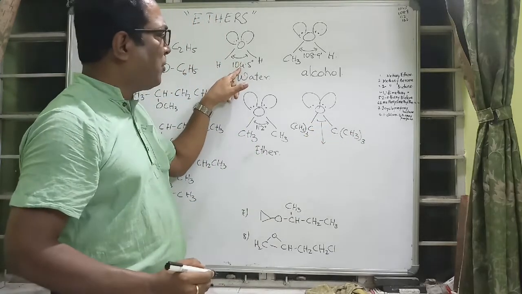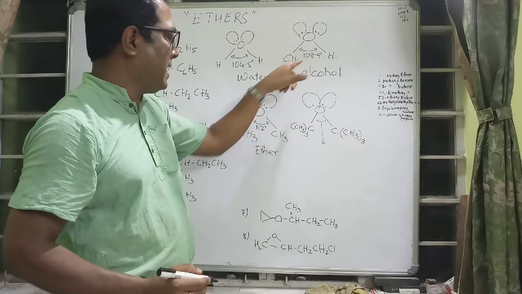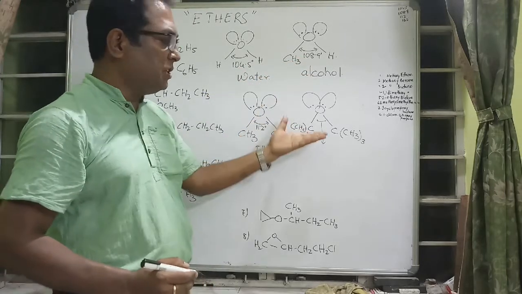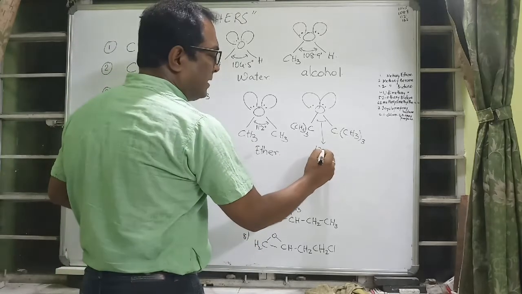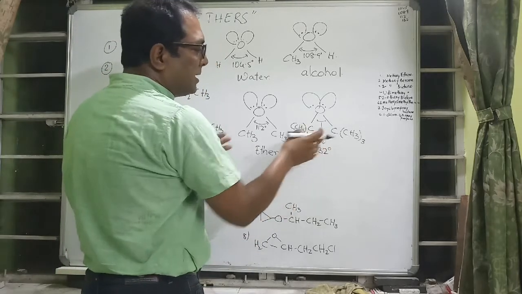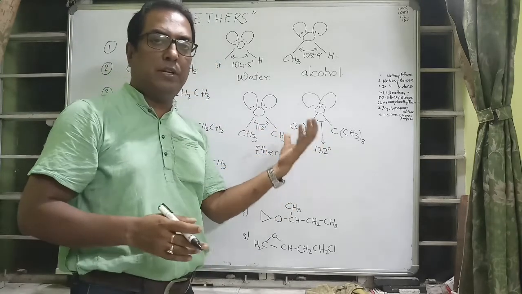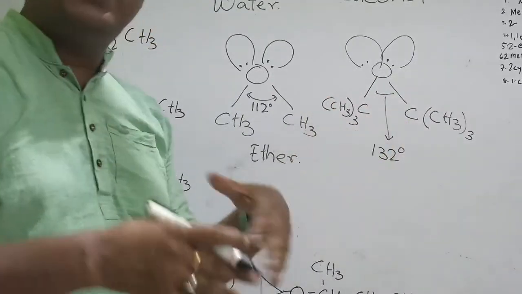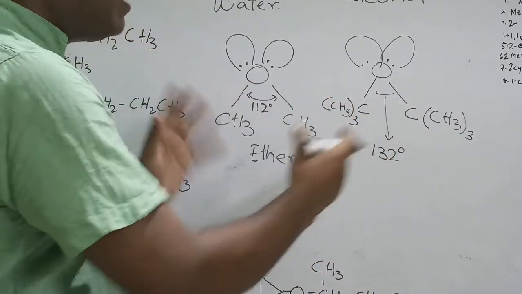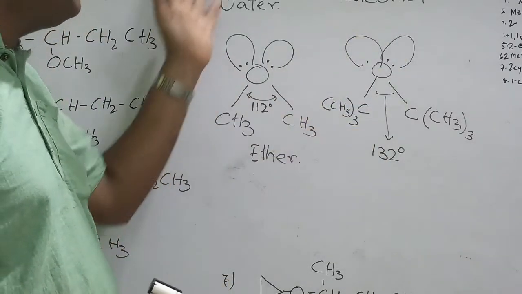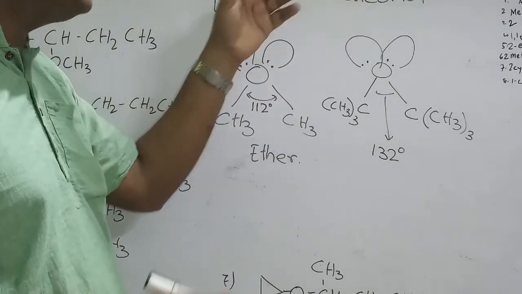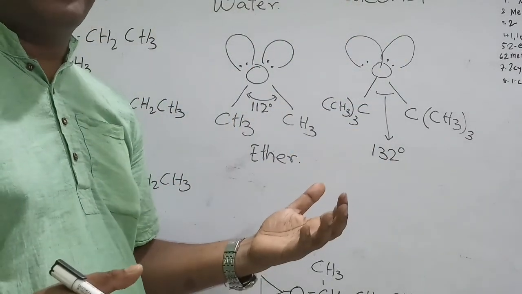This is 104.5, this is 108.9, this is 112. So this should be something more than that. Here we have 132 degree. So the repelling between the carbon groups or the radicals is more. So the greater the number of carbons, the more the bond angle. Though it is a bent structure, the angle varies.